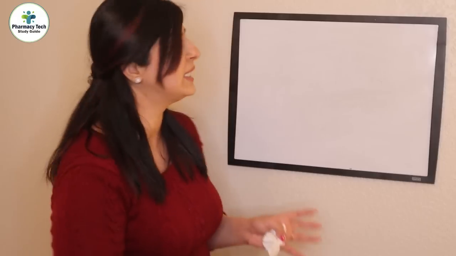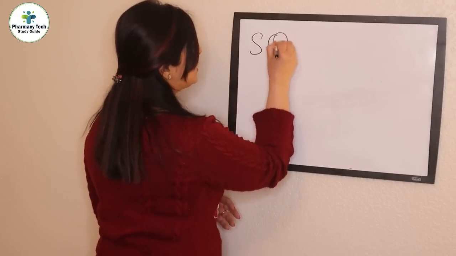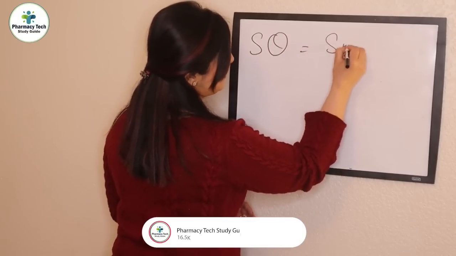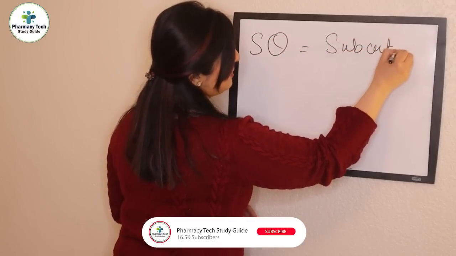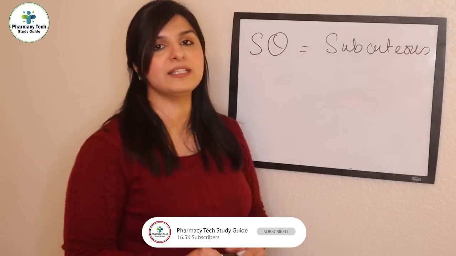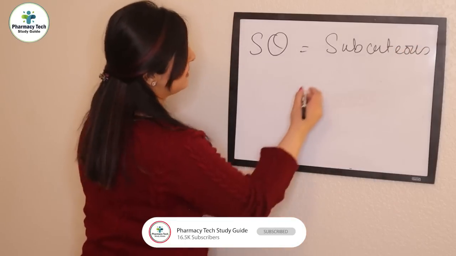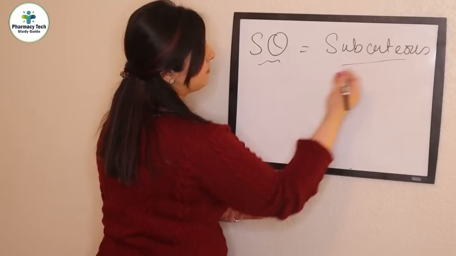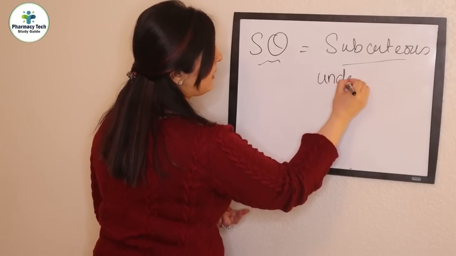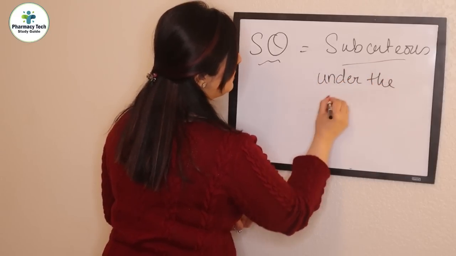Just remember that you don't want to confuse SL, which is sublingual, with SQ, which is subcutaneous. Subcutaneous means under the skin. So SQ is either subcutaneous, or if you want to simplify it, under the skin.